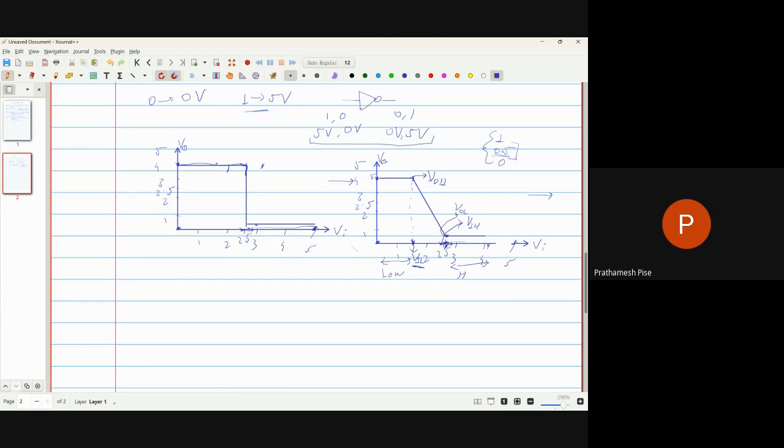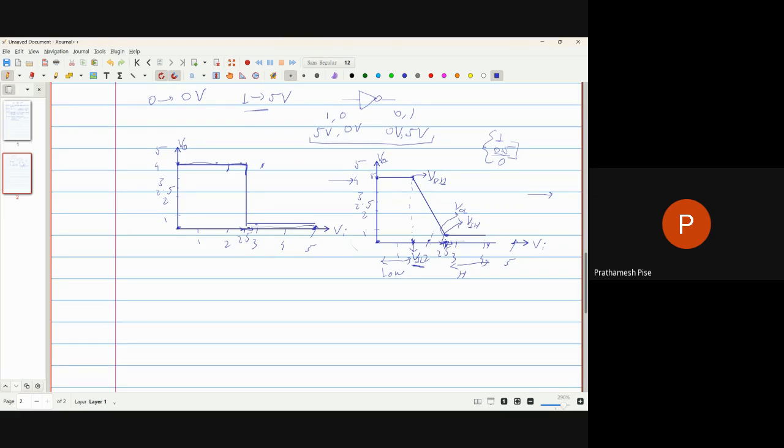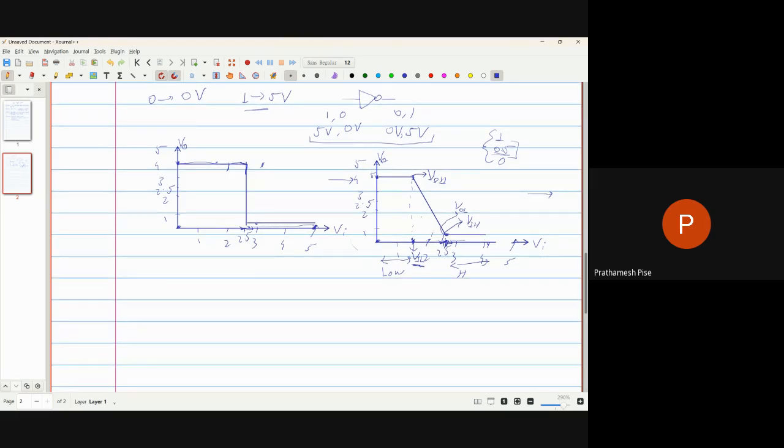But we can use input voltages or output voltages to derive the corresponding input-output voltage. Like they can give you, at 2 volt, what is the output.